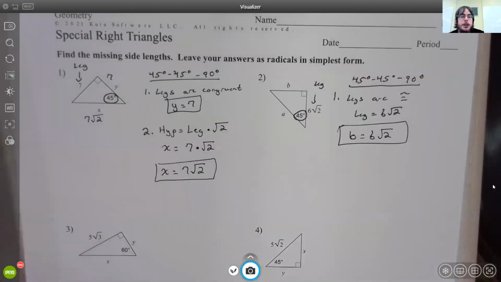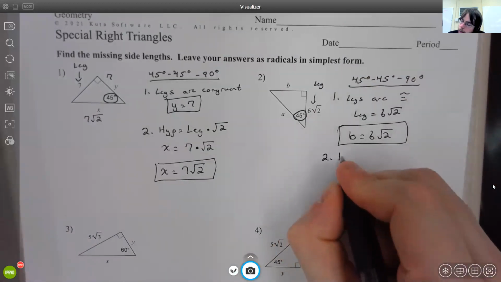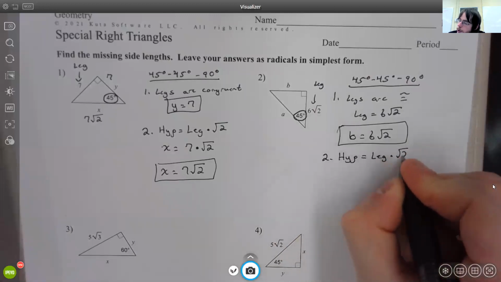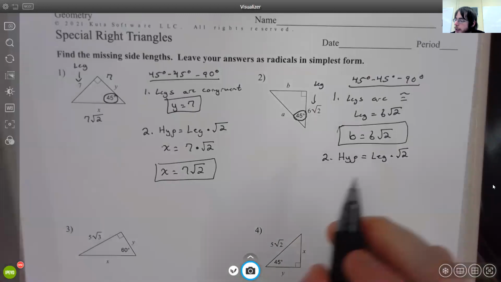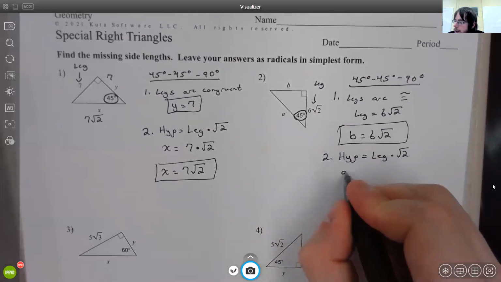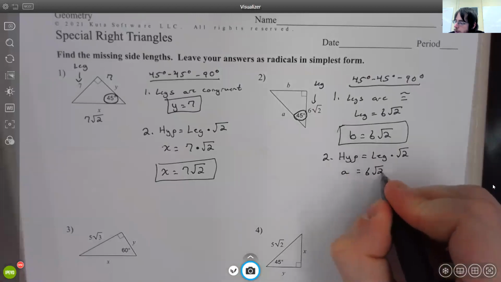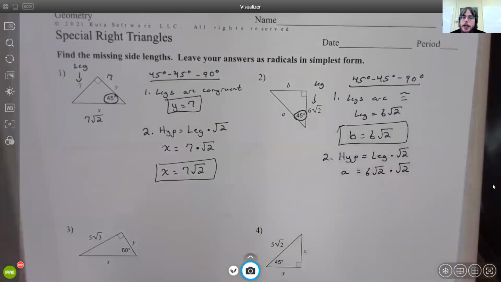So that just leaves us to find A. And A is our hypotenuse, which follows the formula: the hypotenuse equals the leg times root 2. So your hypotenuse is A, your leg is 6 root 2, and then you multiply it by root 2. Now, if you type this in the calculator, be very careful.